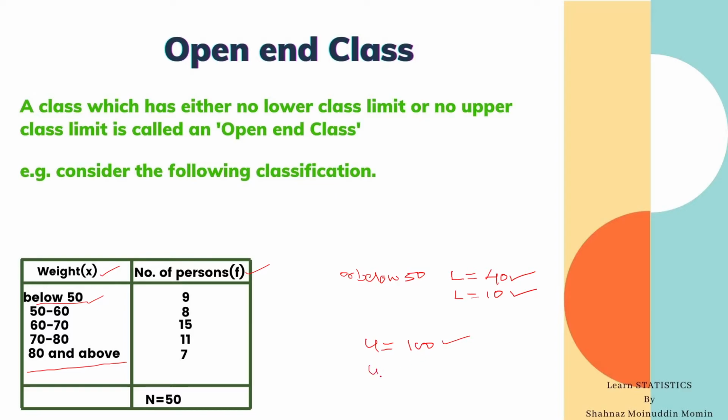Or if someone takes upper limit as 1000, it is also correct. Means the upper end of the last class is open. Hence the last class is known as open-end class.